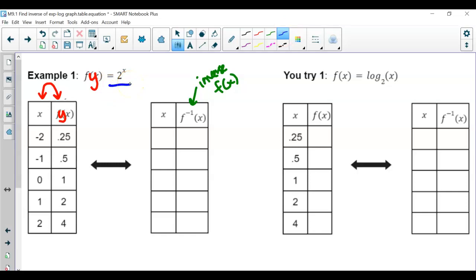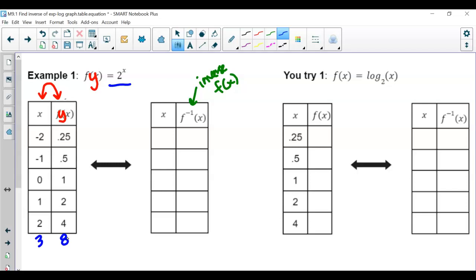For example, if I had 2 to the -2, that would get me 0.25. 2 to the -1 is 0.5. 2 to the 0 is 1, 2 to the 1 is 2, and 2 squared is 4, and so on. If I had 3, then 2 to the third would give you 8. And of course you could graph that in Desmos and see the table as well.